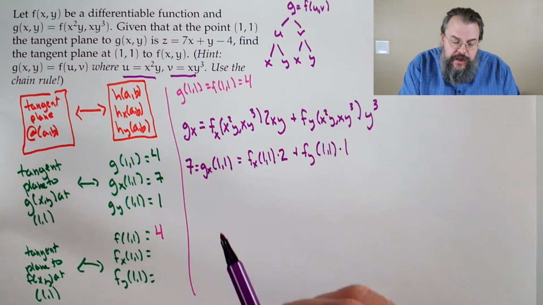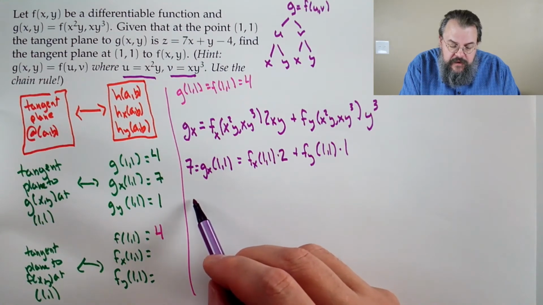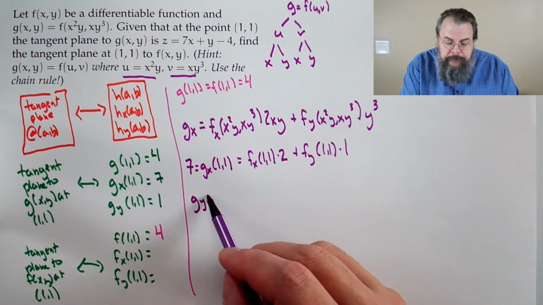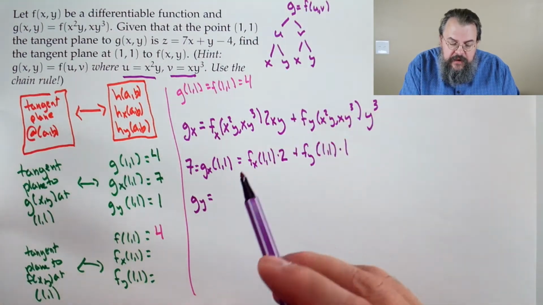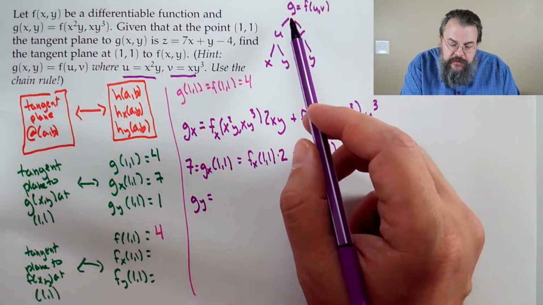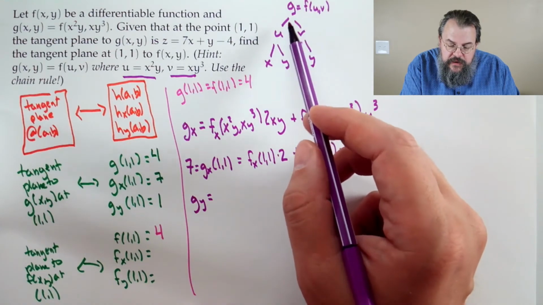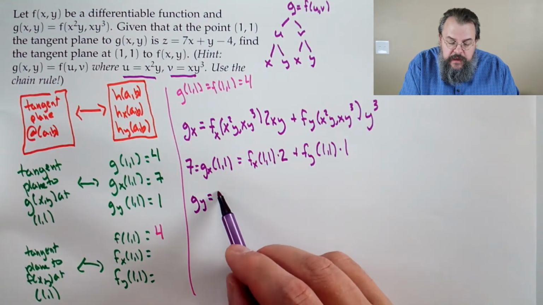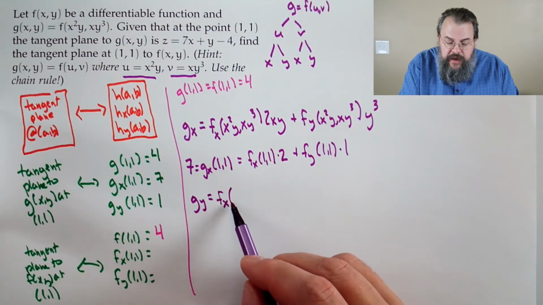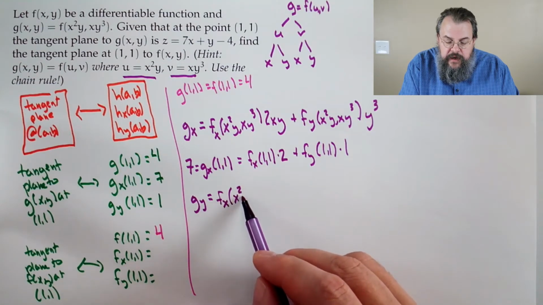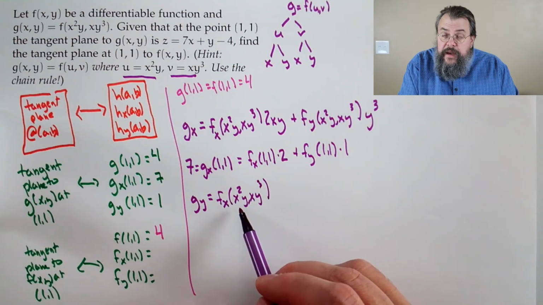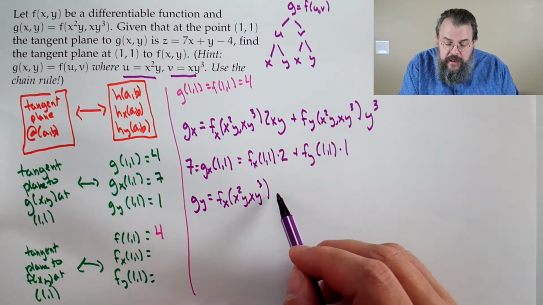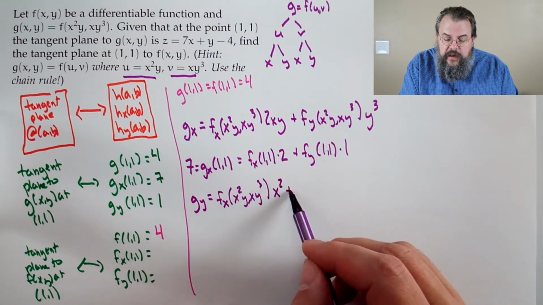The other thing, of course, is to repeat the process for g sub y. Well, what would that do? A similar process, right? We just follow it down. So the derivative of the function with respect to u, the first layer, shows up in the first slot, so f sub x at (x squared y, x y cubed), times the derivative of x squared y with respect to y, which is x squared.